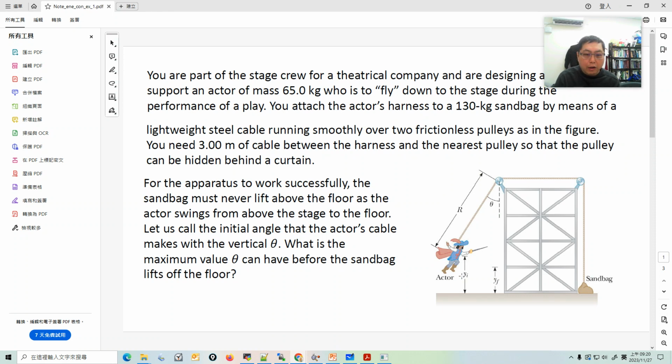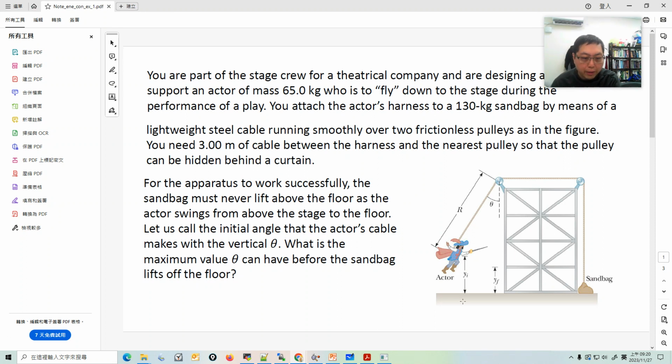This is a mechanical energy conservation problem, and it also combines a little Newton's second law of motion. So the problem is quite complicated. First of all, let's do a little force analysis, and then we can get more understanding of this problem.